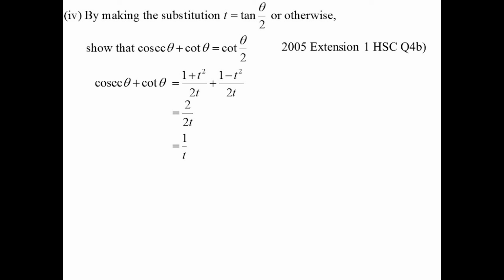We end up with 1 on t. Well, that's cot. So remember we said t was tan, reciprocal of tan, cotan. So again, we've solved that trig expression by converting it into algebraic fractions and playing with that.